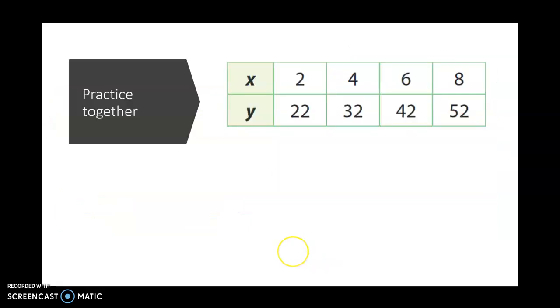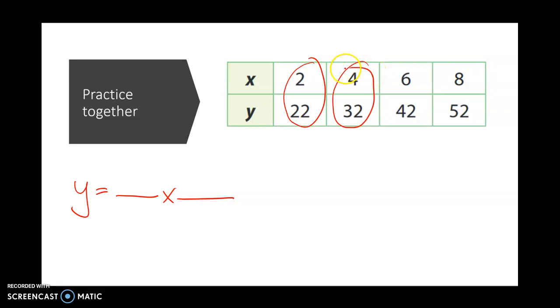Okay, let's do another one. All right, so we get y equals something x plus something. Okay, so let's get our slope first. All right, so let's use this pair and this pair.